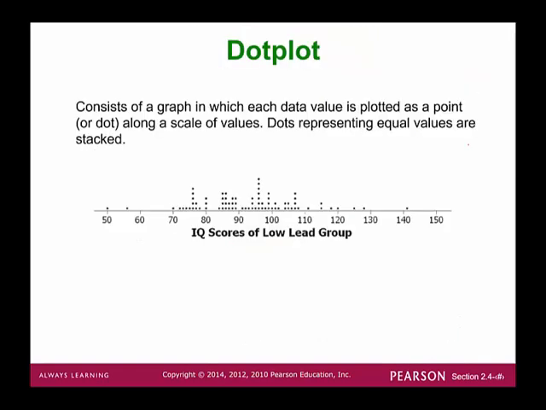And then the next tool is called a dot plot. For the histogram data set, we talked about low level IQ scores. We can represent the data using a dot plot. On the horizontal scale, we're putting the IQ scores 50, 60, 70, 80. As you can see, most of the data will be concentrated right here, which in terms of the histogram is the middle two, which have frequencies of 33 and 35.